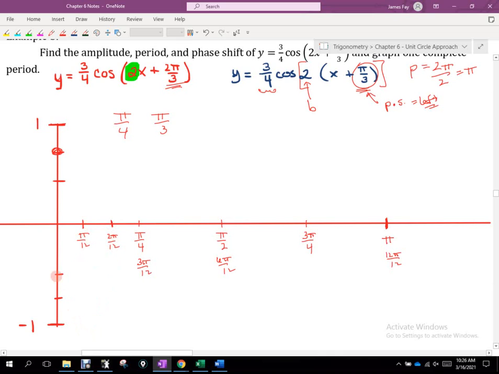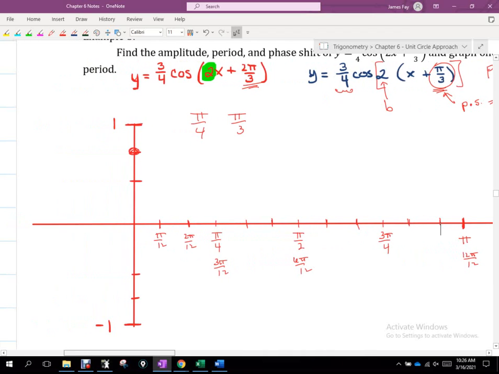Break this one up into thirds. Break this one up into thirds. Trying to do the best I can at keeping things consistent. And we're also going to have to go over here a little bit. So I'll try to capture that, so that is maybe pi over 12. See if I can do it again. 2 pi over 12.